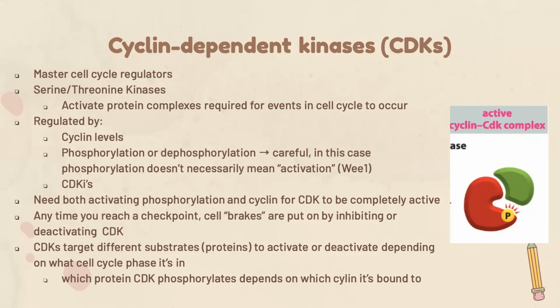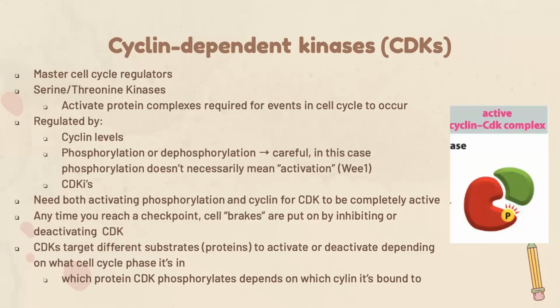First, cyclin levels: they can only be active when bound to cyclin. Second is phosphorylation or dephosphorylation. And just remember that phosphorylation doesn't automatically mean activation. We learned about WEE1, which adds an inhibitory phosphate. So it's an inhibitory kinase.